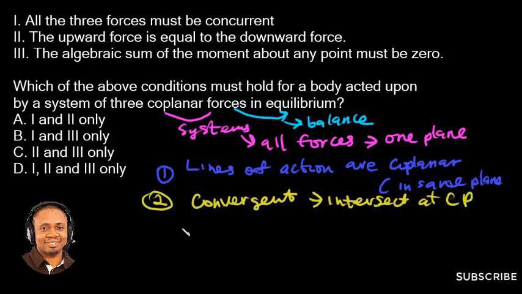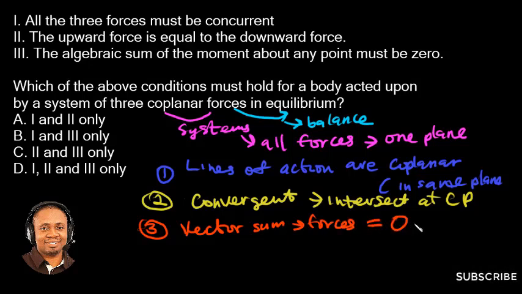Then lastly, the third point that I want to look at is that the vector sum of these forces is equal to 0 vector. Okay, good. So now let's look at the conditions given in the question.